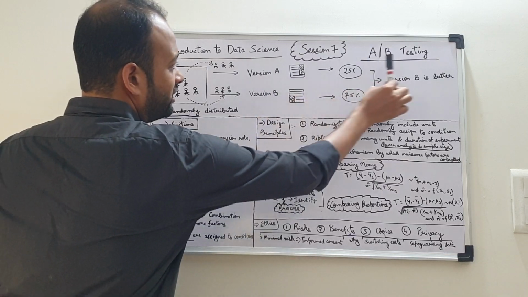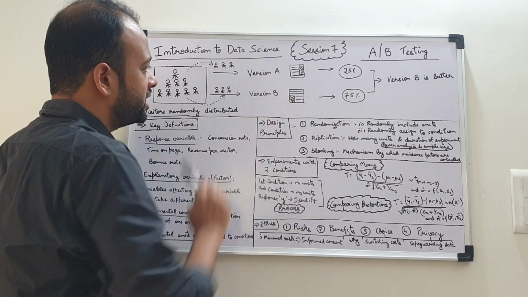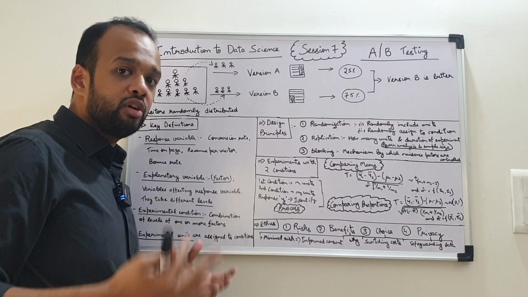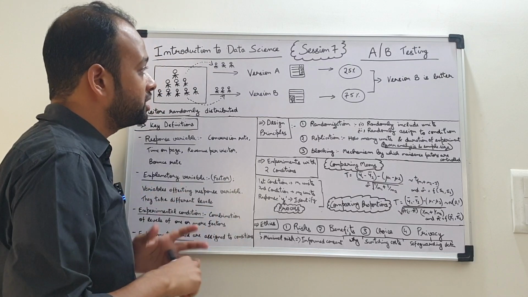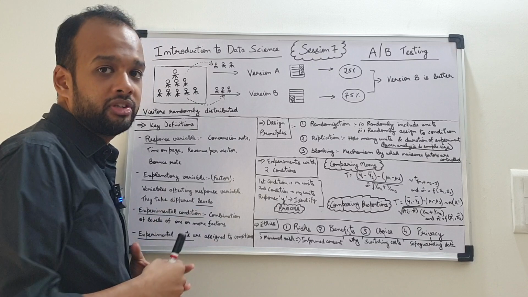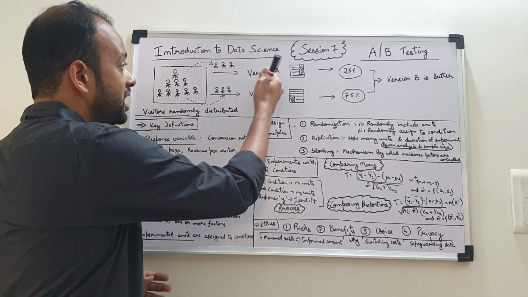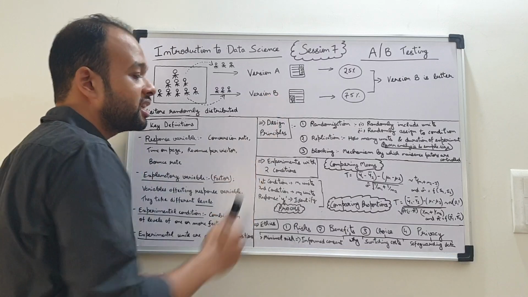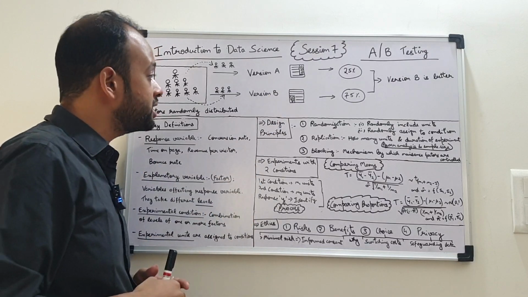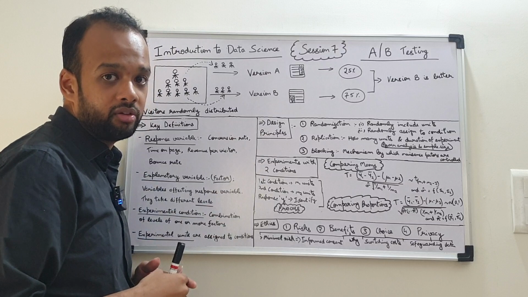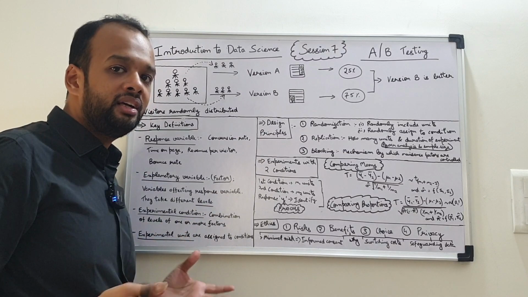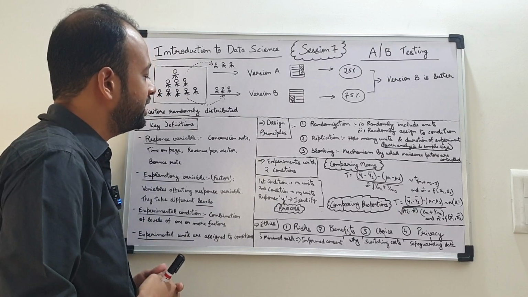After this point, comparing version A and version B comes under the purview of statistics, where we are making three hypotheses. Version A is not different from version B. Version A's conversion is better than version B's conversion, or version A's conversion is not better than version B's conversion. So this becomes a two-tailed hypothesis test.